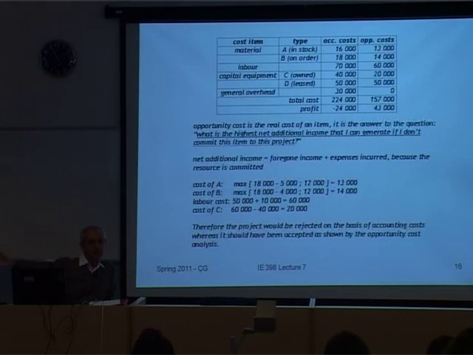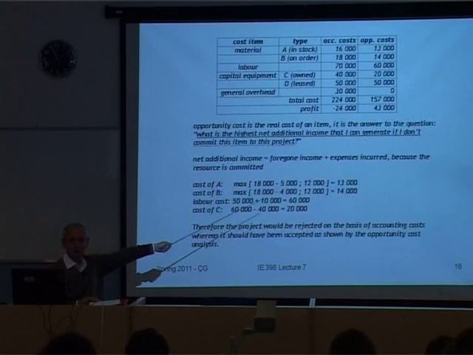And when I use it somewhere else, I will make a saving of 18,000. But first I have to spend 5,000 for refining. So 18,000 minus 5,000 is the net additional income I can generate if I do not use A for this project, but use it to replace some other input in some other project, okay?